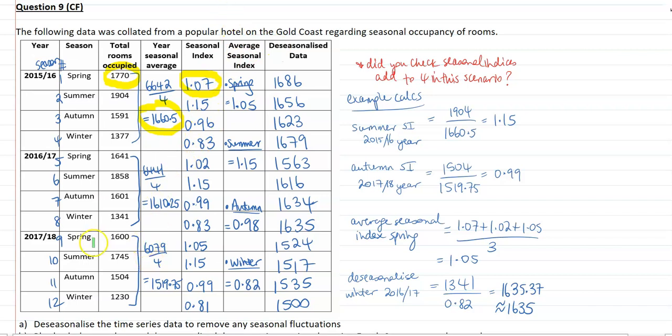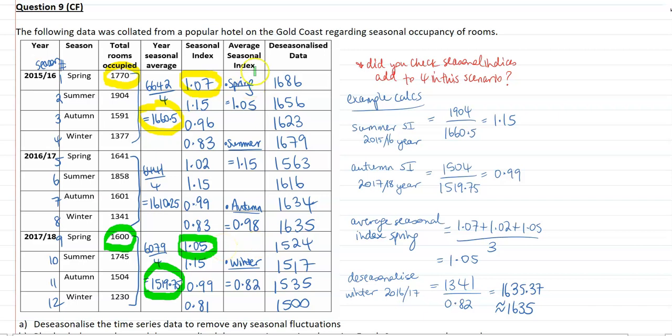If I moved on to, say, the third season, I would use this seasonal average, divide, for example, spring in that third season, 1600 divided by 1519.75, would give me a spring seasonal index of 1.05.